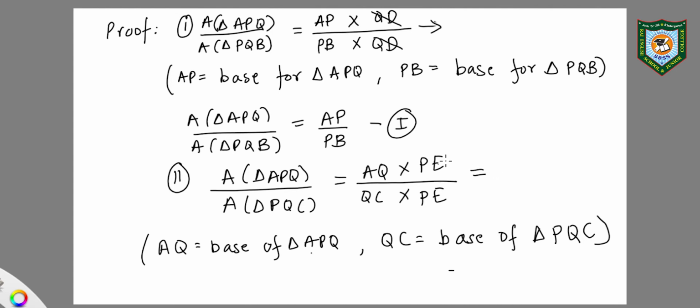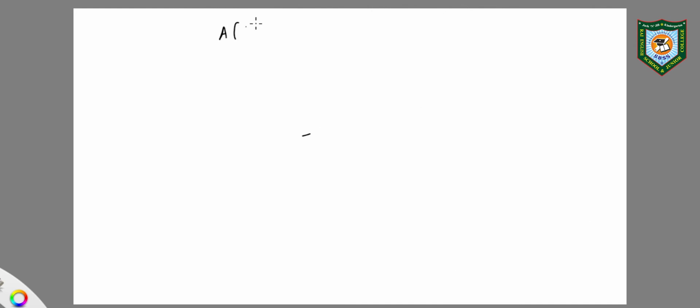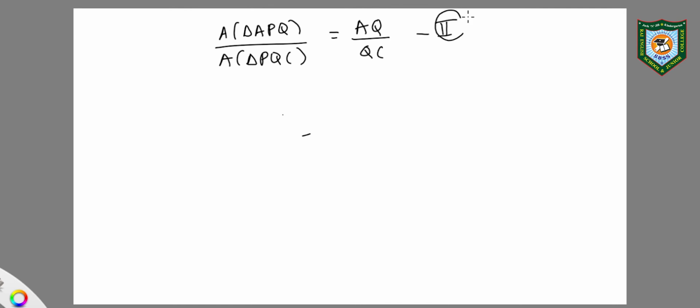So here again, PE and PE cancel, so I'm left with AQ divided by QC. So my second equation can be stated as area of triangle APQ divided by area of triangle PQC is equal to AQ divided by QC. This is my equation number 2.